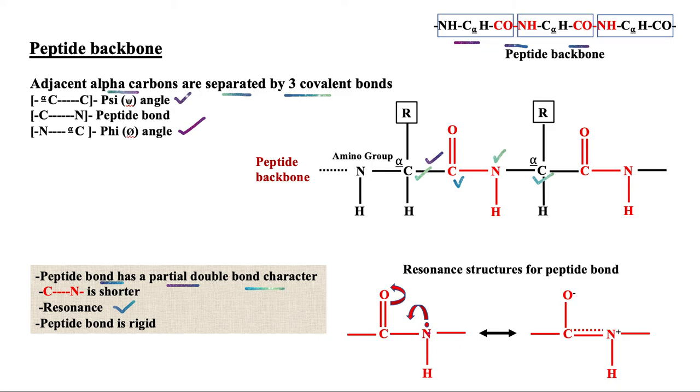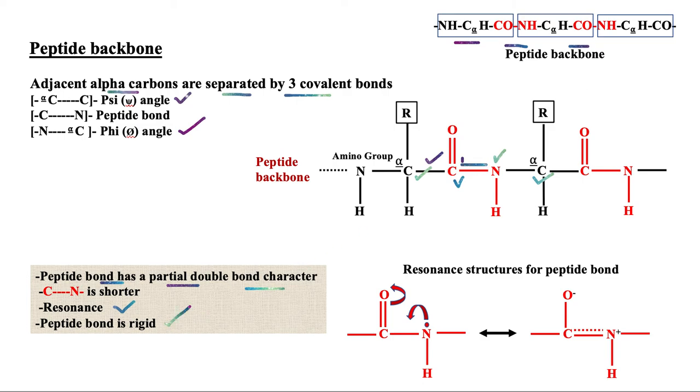Similarly, nitrogen has one lone pair, and that lone pair will be used to make a double bond with the carbon. The actual structure is somewhere in between these different forms, so there will be this electronic redistribution and readjustment. That resonance phenomenon explains why the peptide bond has a double bond character.